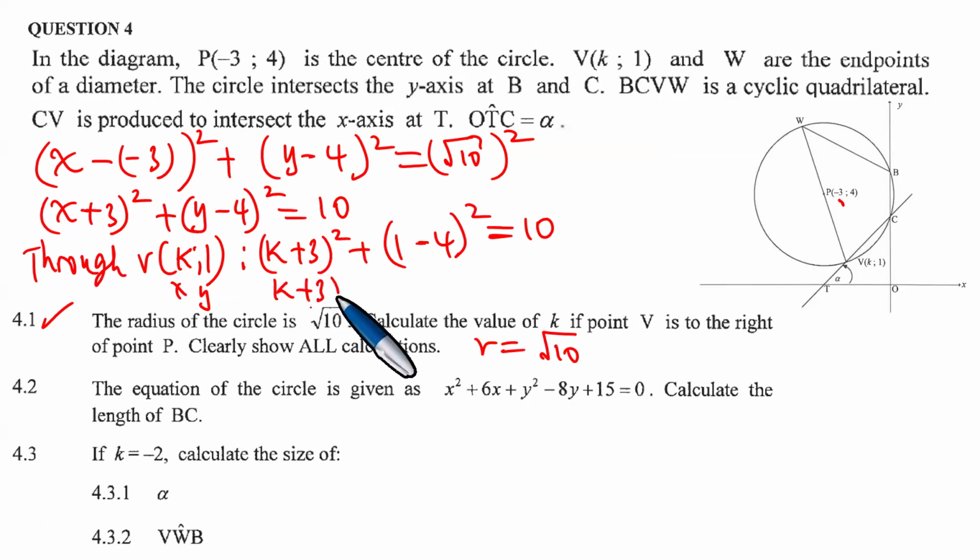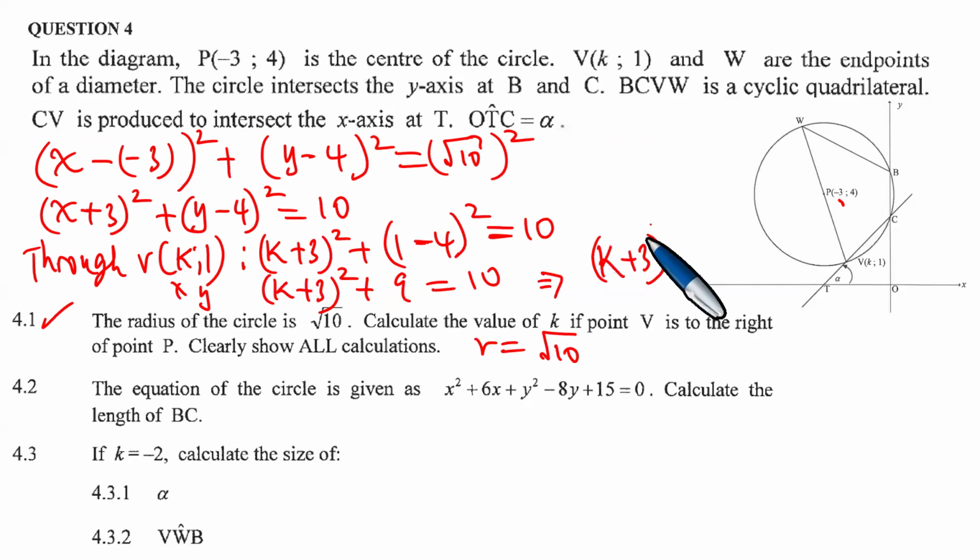K plus 3 squared, plus 1 minus 4, which is minus 3, and if you square that, you get 9. And this equals 10. This implies that K plus 3 squared is 10 minus 9, which is 1.